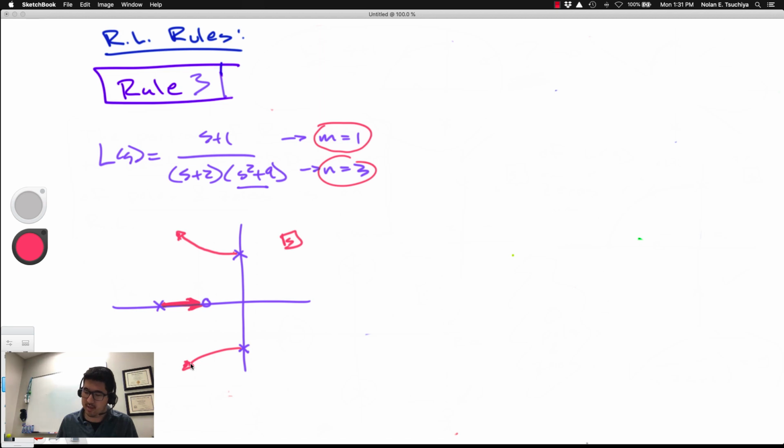Is rule 2 satisfied? In other words, the part of the real axis that agrees according to rule 2, is that also valid? Okay, so if we were to do the vertical line test at a couple of different locations, let's do one way out here. Okay, so right here, way out to the right, I am to the left of 0 poles and zeros.